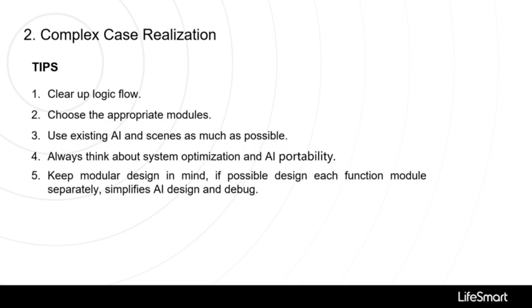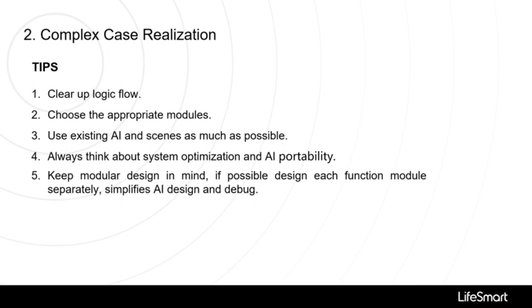Always think about system optimization and AI portability. This is very helpful when you are designing a lot of AIs with a part of them similar with each other. So in our cases, the back home mode and night mode, the common thing is to detect the human presence in the living room.